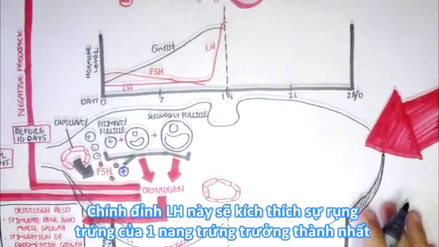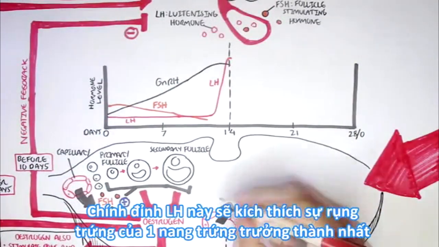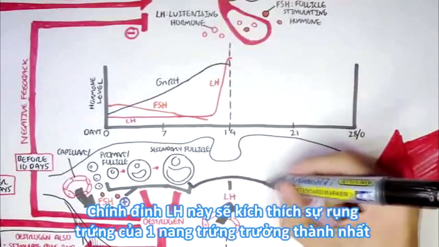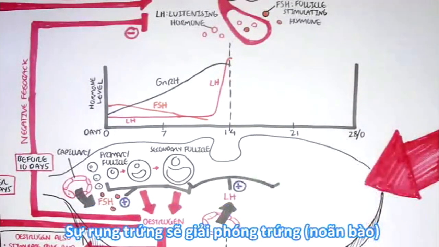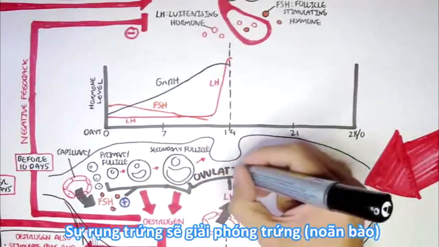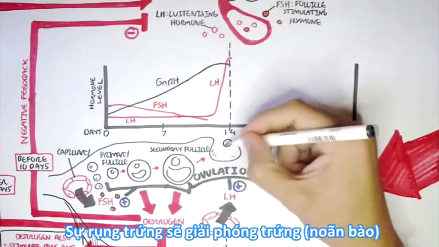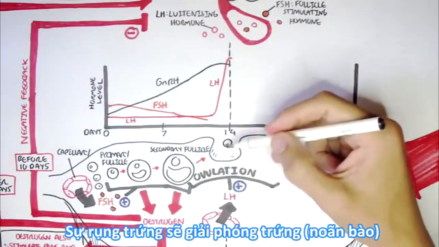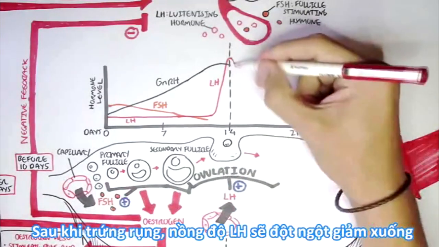It's this massive luteinizing hormone concentration that will trigger ovulation of the most mature follicle in the ovary. The ovulation of the follicle will release what we know as the female egg, the oocyte. After ovulation, the luteinizing hormone levels will drop back down.